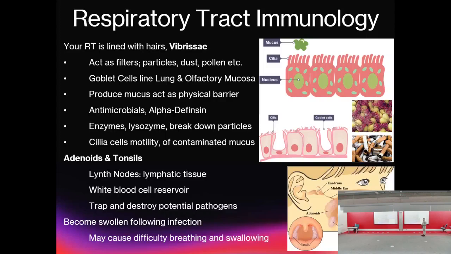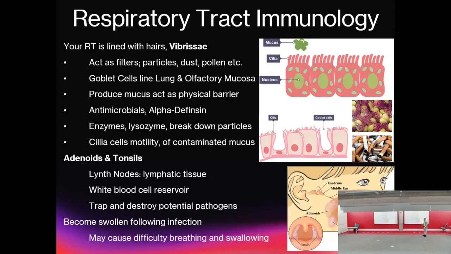The other thing you've got going on, and more apparent on the other slide, is you've got immune cells which are reaching out, sampling the environment. They're sitting and they're detecting what's going on and telling your body to upregulate mucus or to send more white blood cells to an area, maybe from the tonsils at the same time.